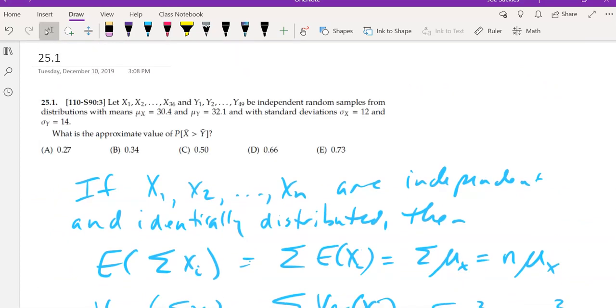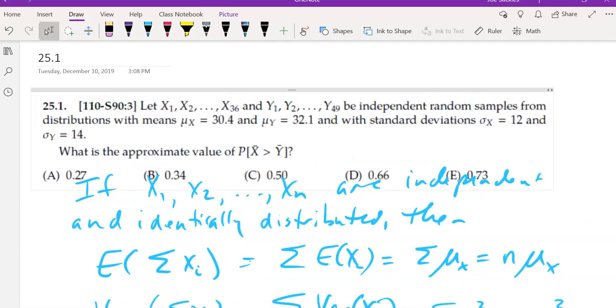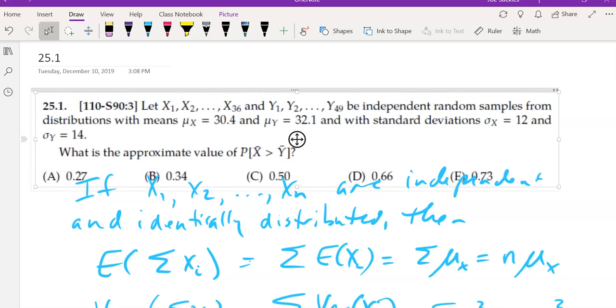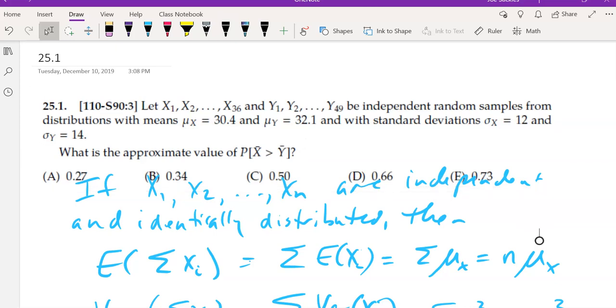Way back up here. All right, so don't worry about the answers anyway. We have x1 out to x36. We've got y1 out to y49. Is n large enough? Yes. Okay, cool.